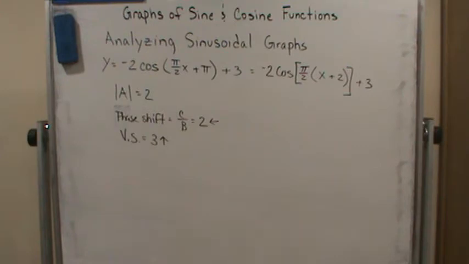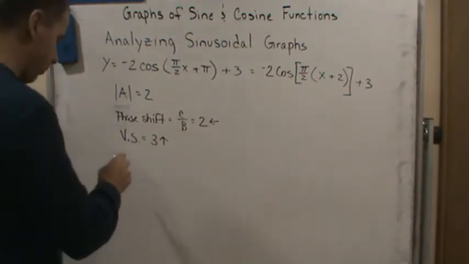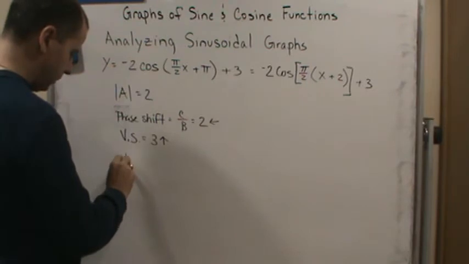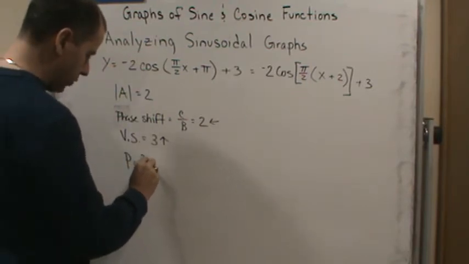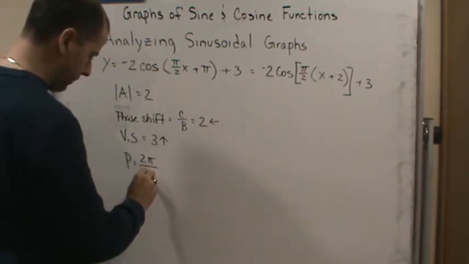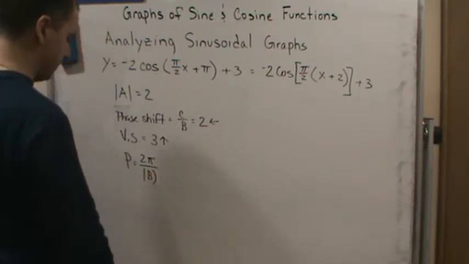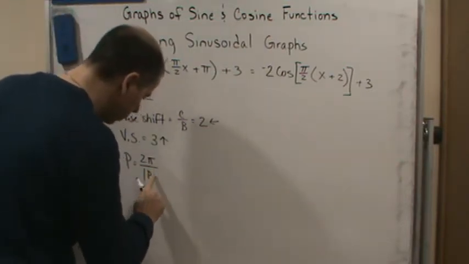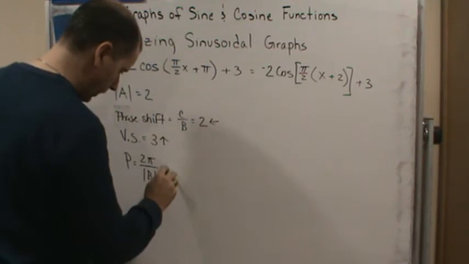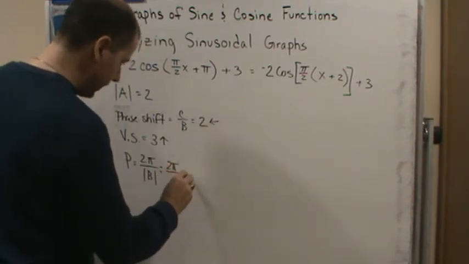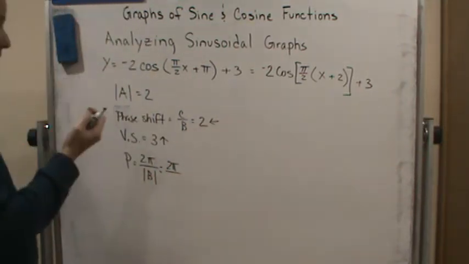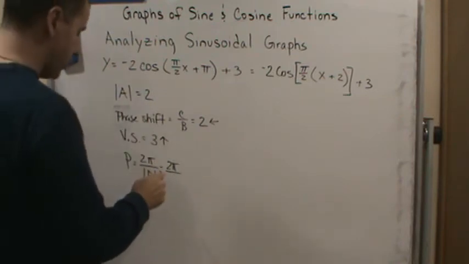We've got, oh, the period. Right, I said that earlier. So the period, well, the period is what? P equals 2 pi over the absolute value of B. Oops, keep doing that. And so this is 2 pi divided by B, which is pi over 2.